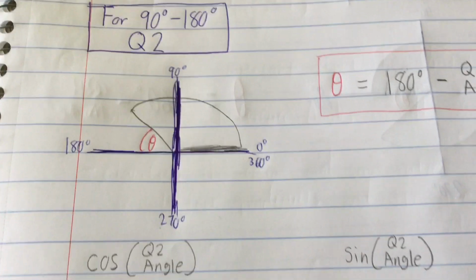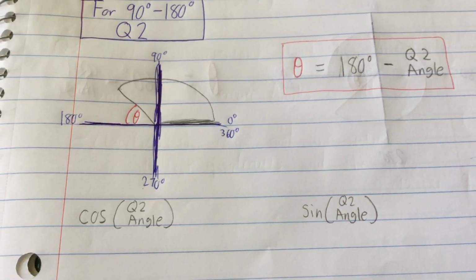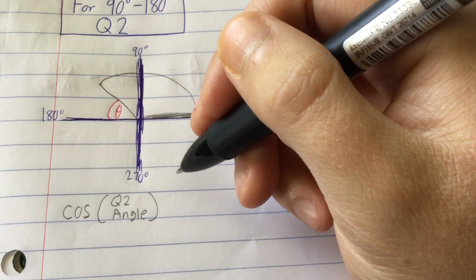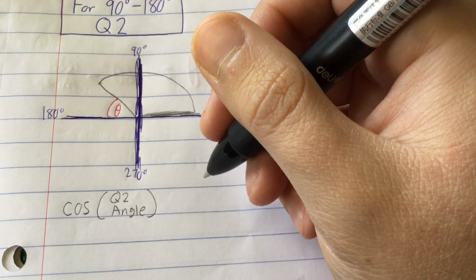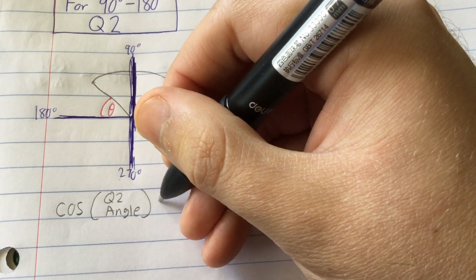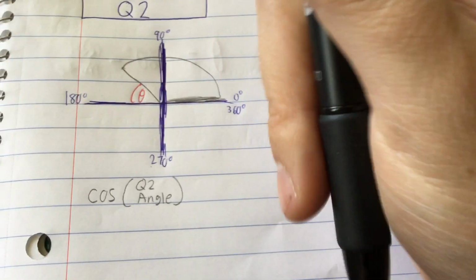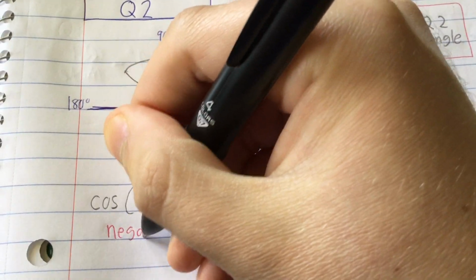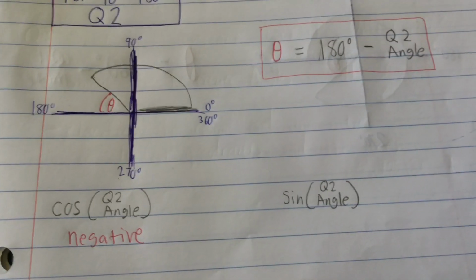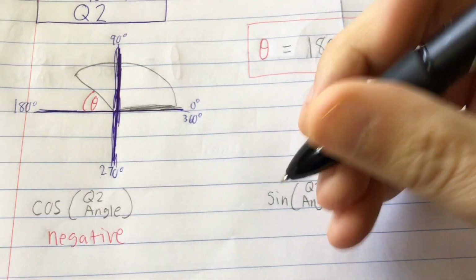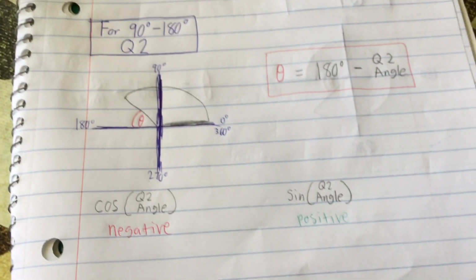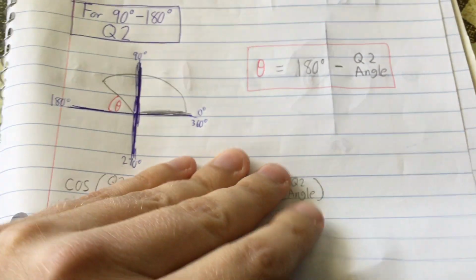And if you're concerned, did I do this right? I want you to get your calculator and plug in the quadrant 2 angle, cosine and sine, and compare it with the reference angle. And you should get that the cosine of the angle is negative, and the sine of the angle is still positive. Same exact digits.